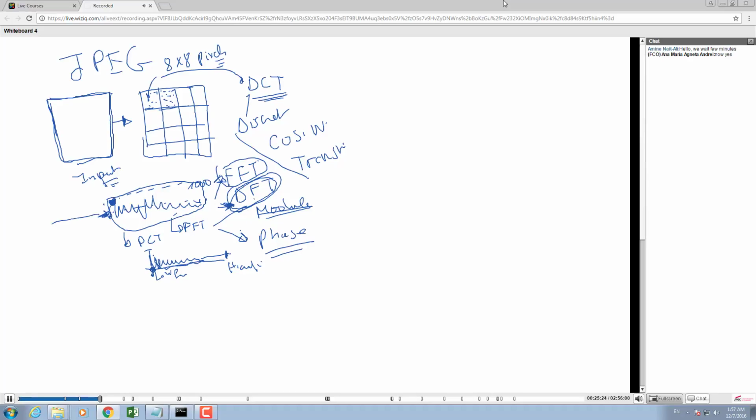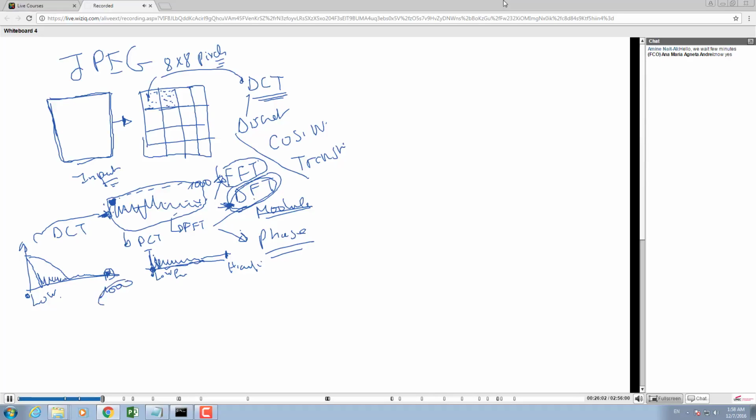Okay? So now, with 1,000 samples, if you transform this information using any transform, for example, the DCT, you will notice something. You will notice that your signal, which was like this at the beginning, will be different in the frequency domain. The shape will be different. And you will notice probably that the energy is much more concentrated in low frequencies.